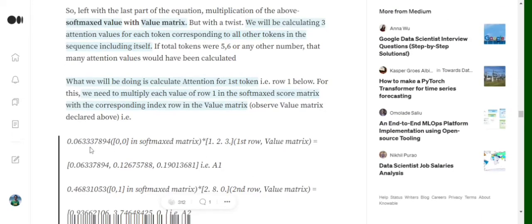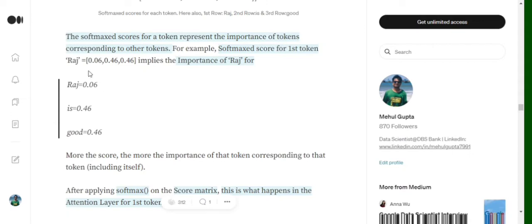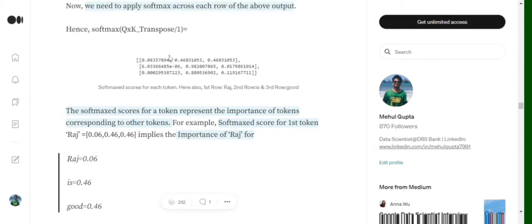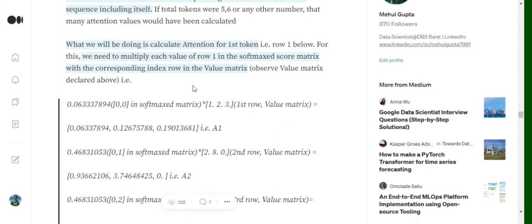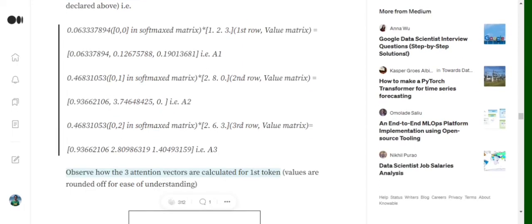We take the values that we have calculated, 0.06, 0.46, 0.46. Each unit present in this particular row gets multiplied by each row of the value matrix. So 0.06, as you can see in the example, into 1 2 3, 0.46 into 2 8 0, and 0.46 into 2 6 3.